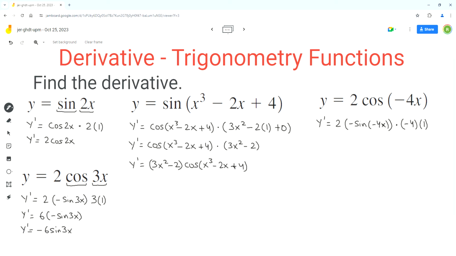Now we can simplify this expression. So negative 4 times 1 is negative 4, and negative 4 times the 2 at the front is negative 8. Now we can multiply negative 8 by this negative sign term, so we'll get a positive term.